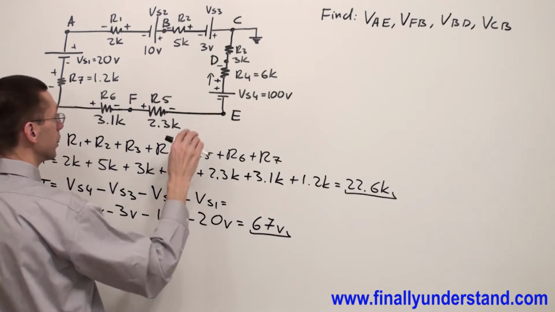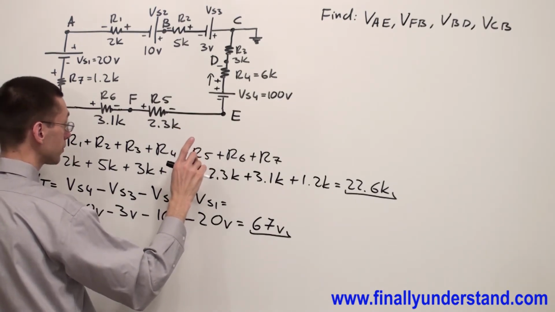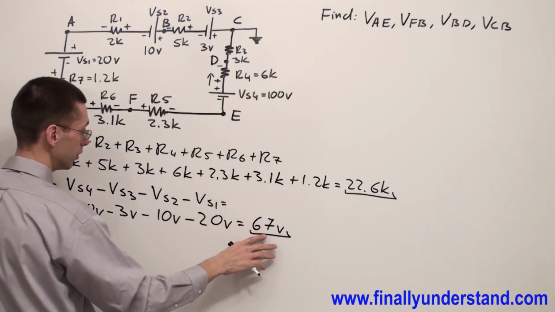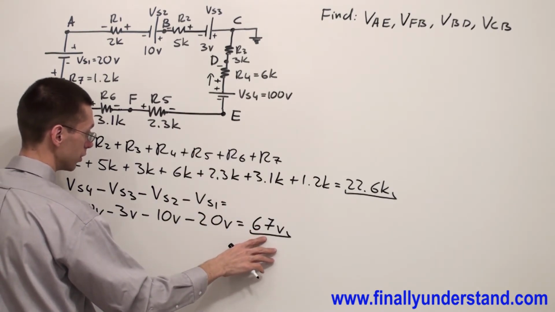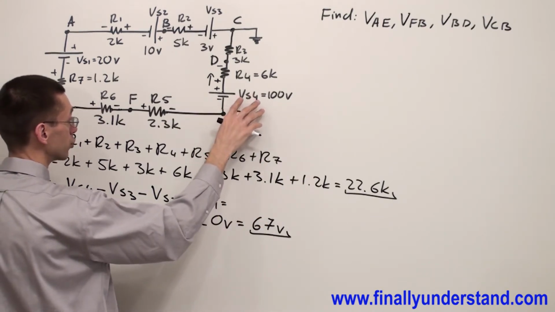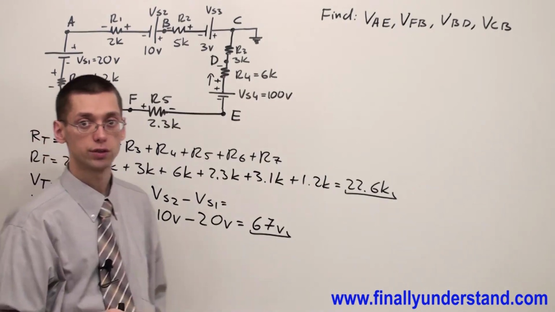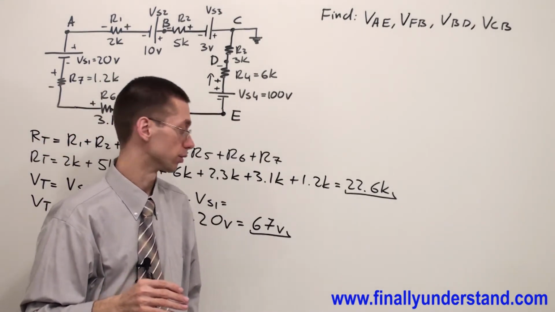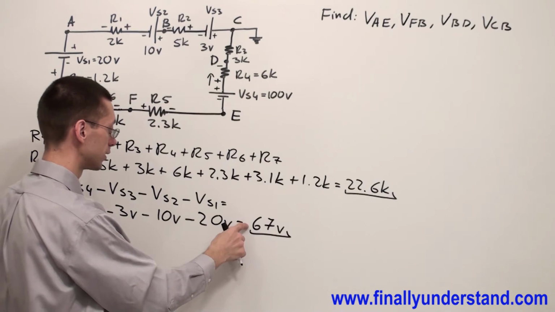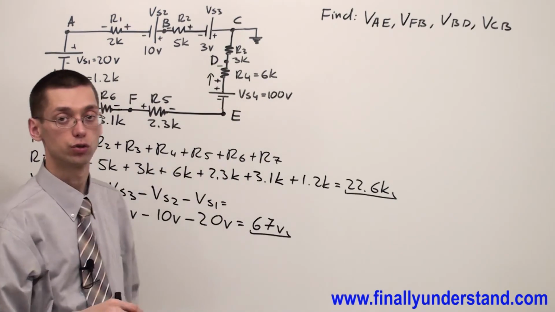Now, one more thing, anytime your total voltage is positive, it means your strongest power supply is the strongest voltage in the circuit. Anytime you have a negative sign, it means the current is going to oppose your strongest power supply.